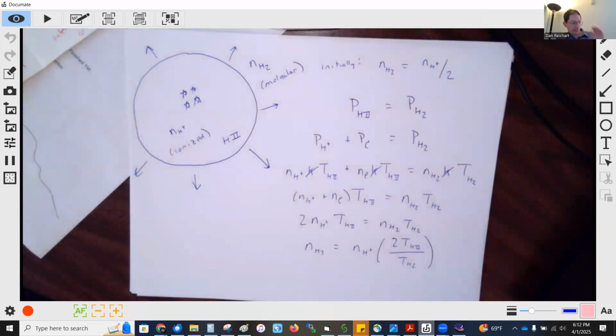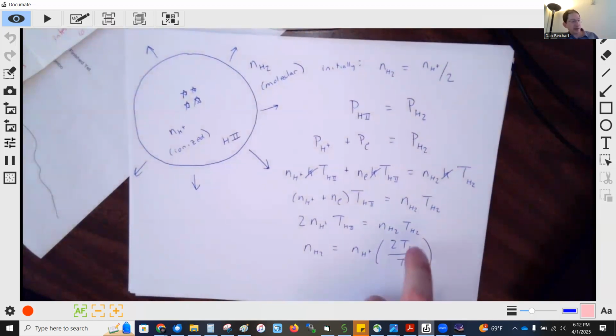Again, we already have this. We just need to know the temperature on the inside and the outside. Near the boundary, that's where pressure equilibrium is established. This we can read off our image.